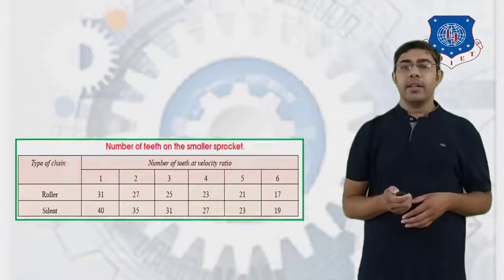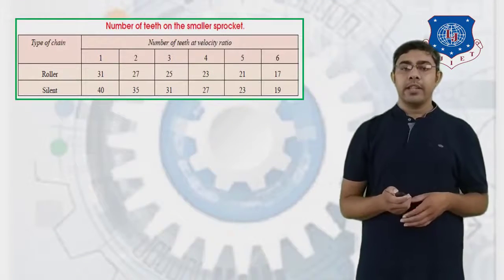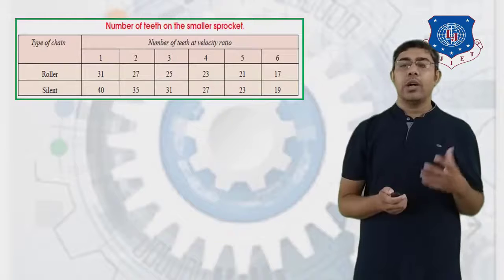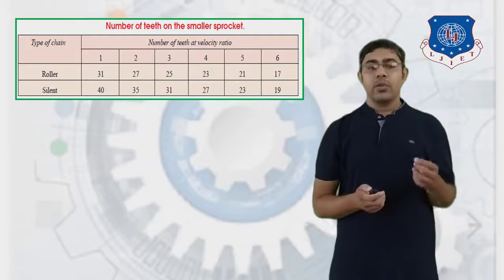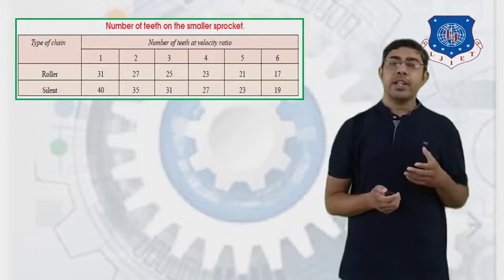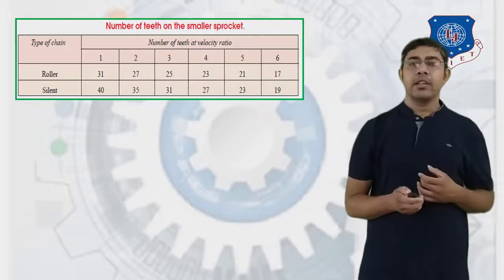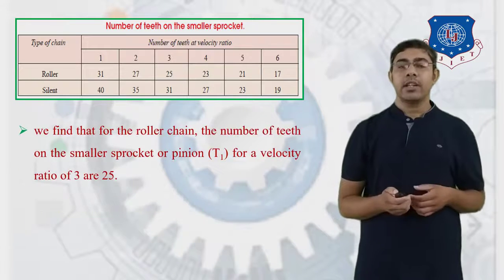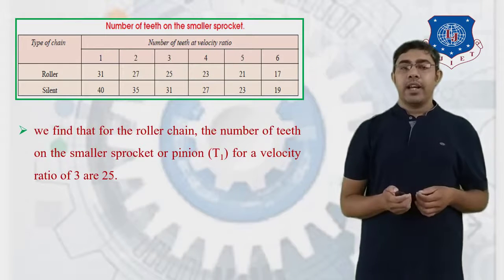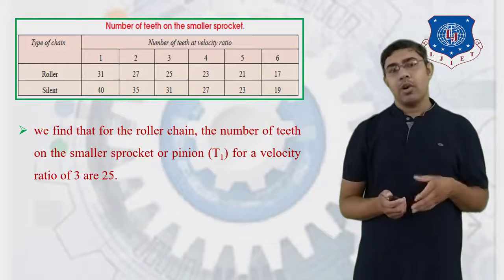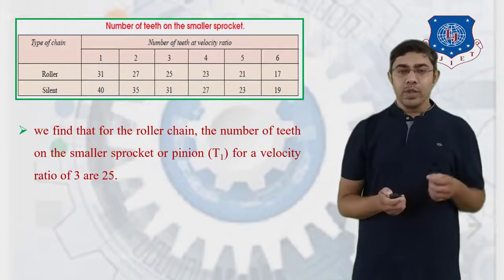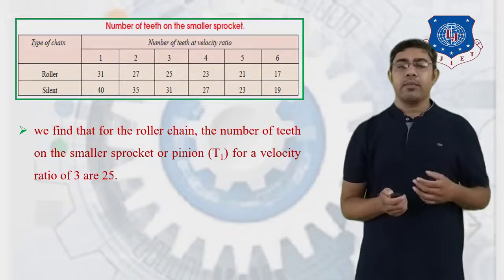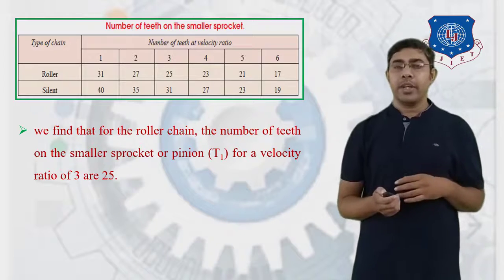Now we have a velocity ratio, so we can find the number of teeth on the smallest sprocket. For a roller chain and velocity ratio 3, we can take T1 equal to 25, that is the number of teeth on the smallest sprocket. We take T1 from this table, and that is equal to 25.